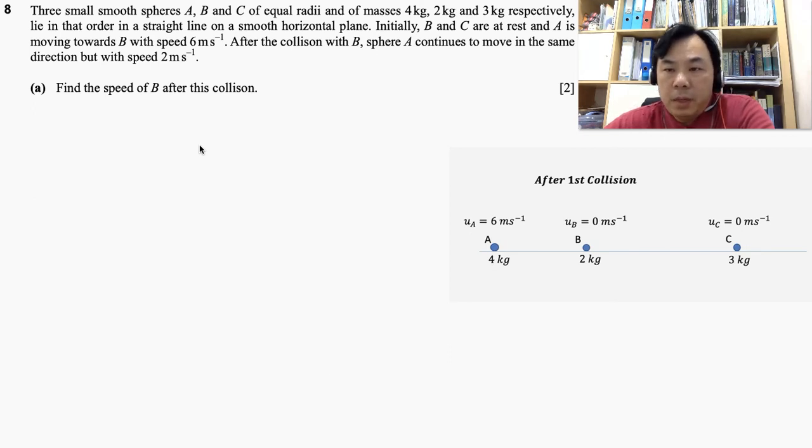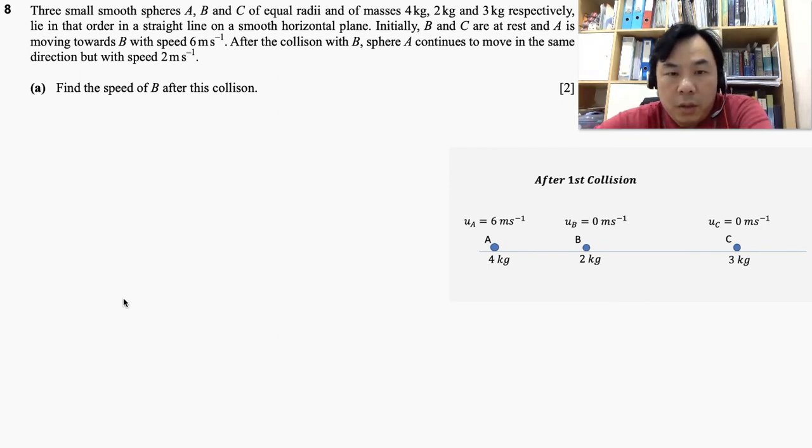Initially, B and C are at rest, and A is projected towards B with a speed of 6 meters per second. After the collision with B, A continues to move in the same direction but with a slower speed. Now find the speed of B after the first collision.